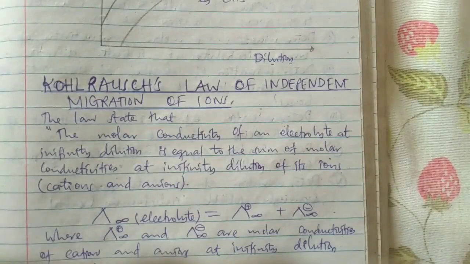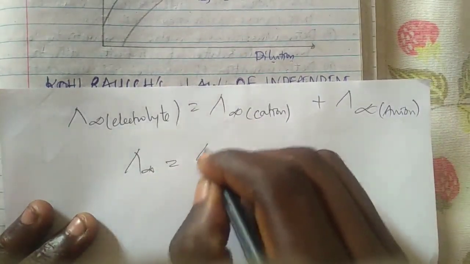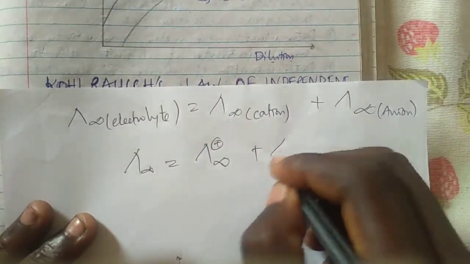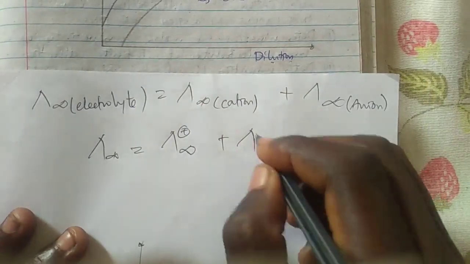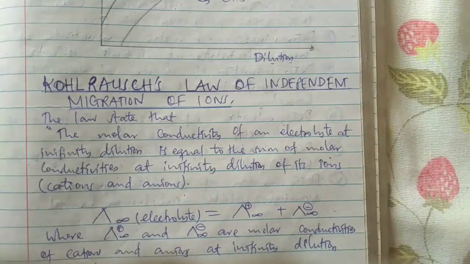So this means that molar conductivity at infinite dilution is equal to molar conductivity at infinite dilution of the cation plus molar conductivity at infinite dilution of the anion. That is Kohlrausch's law.